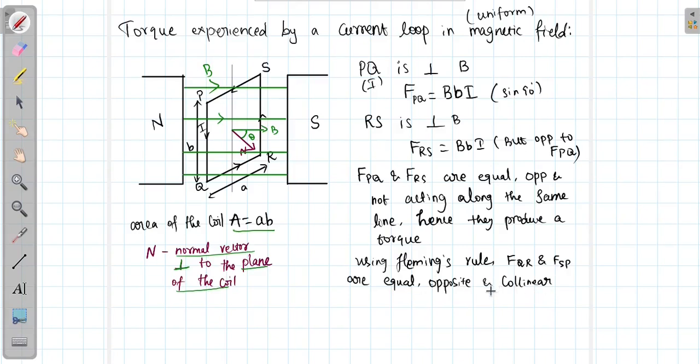Collinear means they are acting along the same line, along the axis of the loop or the coil. So they cancel each other.